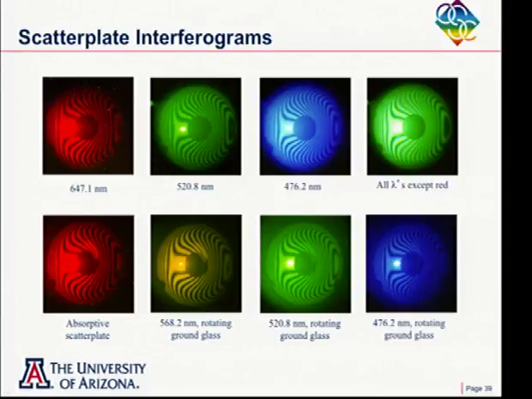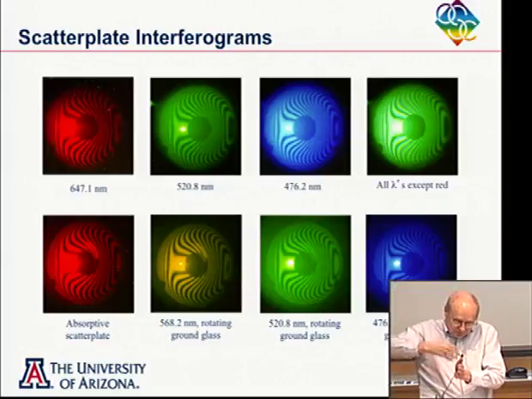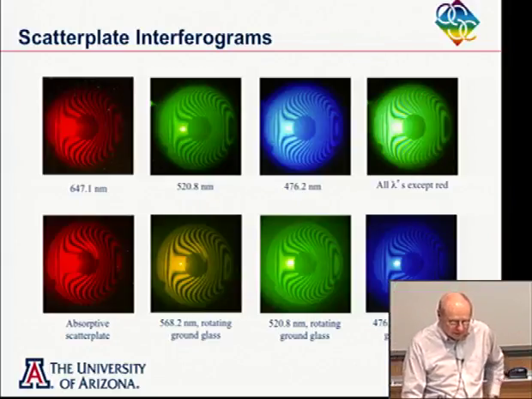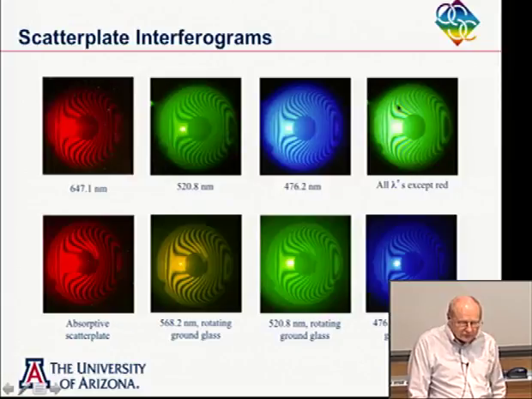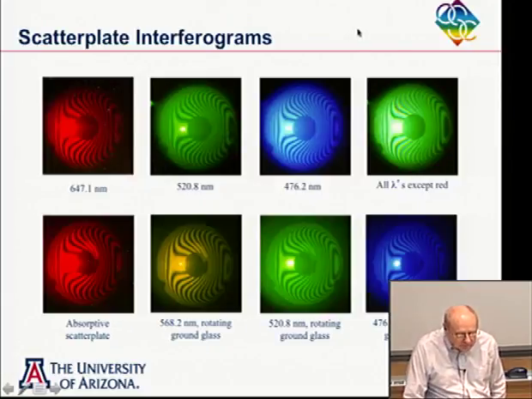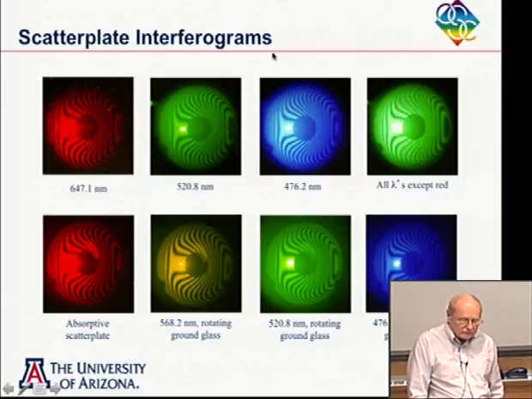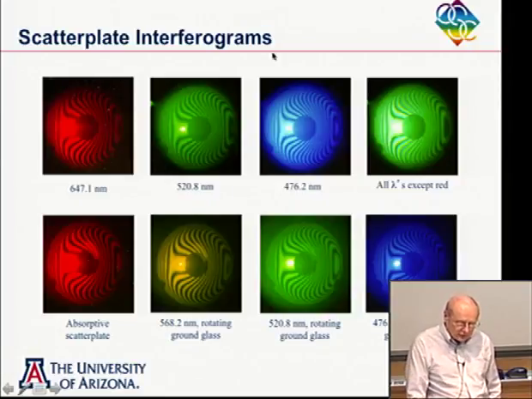So your source is the laser beam focused on the ground glass, and then that was rotating, and you're averaging out the speckle pattern, so you don't see it. Unfortunately, I don't have any pictures included here of just a tungsten source as opposed to a laser light source.